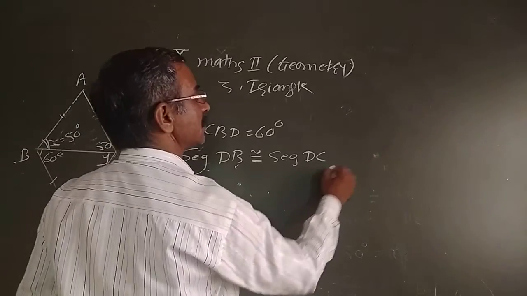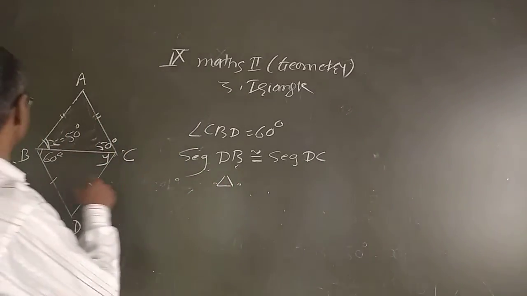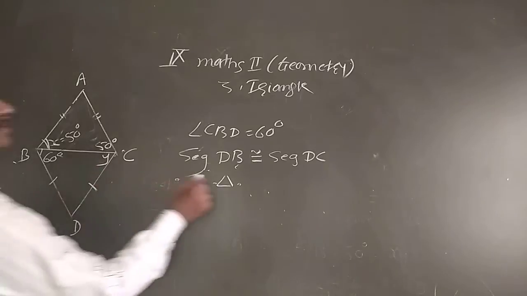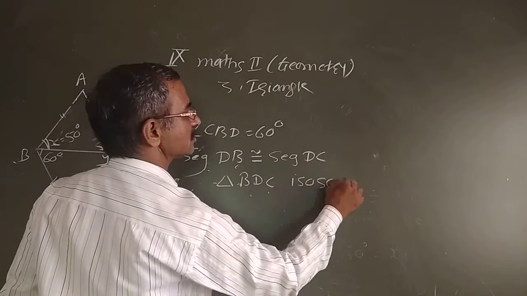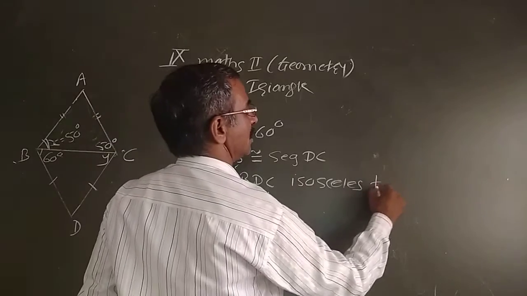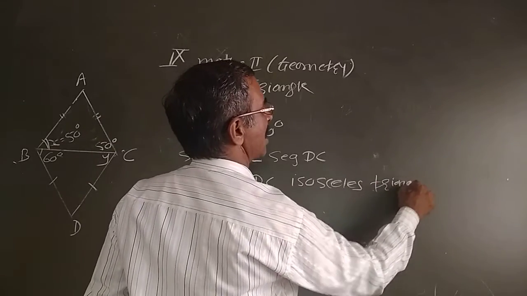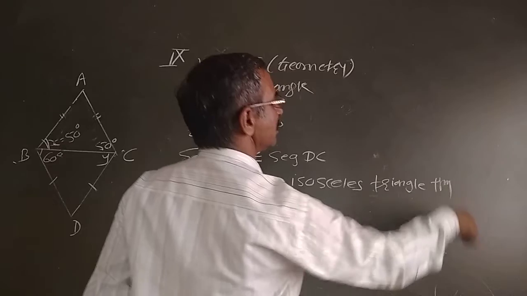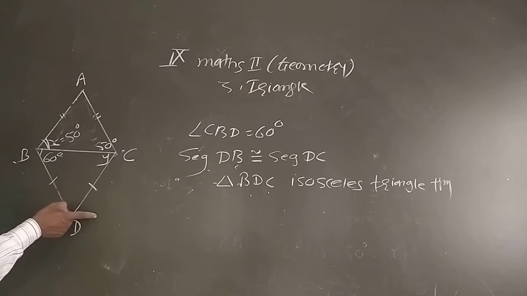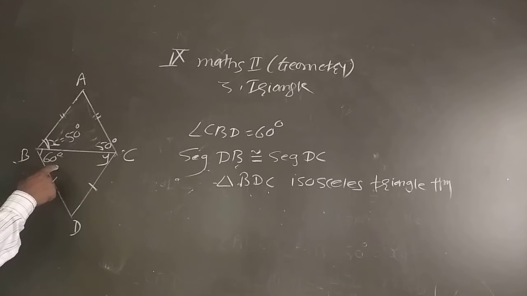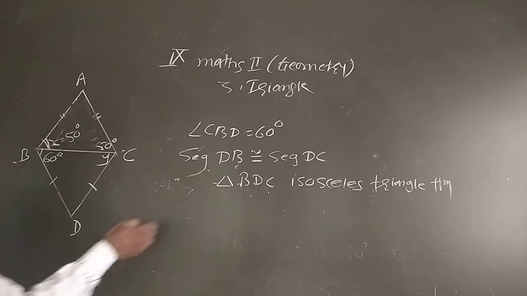So triangle BDC is an isosceles triangle. As per the isosceles triangle theorem, the angles opposite to the equal sides are also equal.